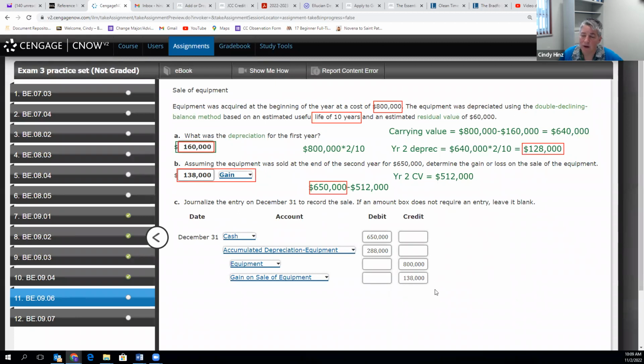So now we're kind of canceling part of that out. And so that's how we report the sale of a long-term asset. We have to compare how much we realized from the sale to its book value. It could result in a gain or a loss.